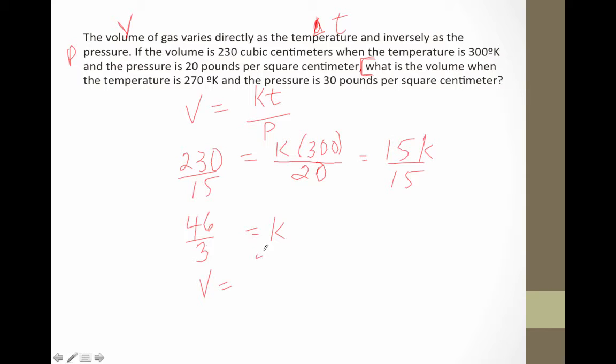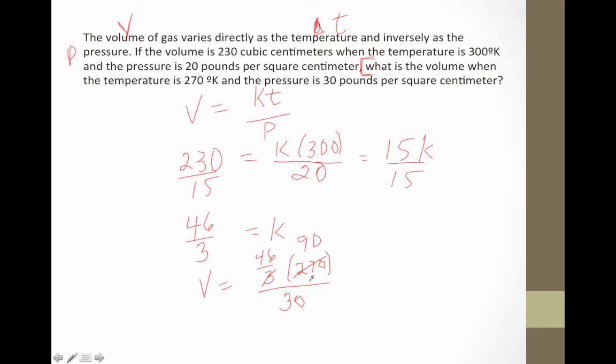So volume equals 46 thirds times the temperature divided by the pressure. So 270 divided by 3 is 90.